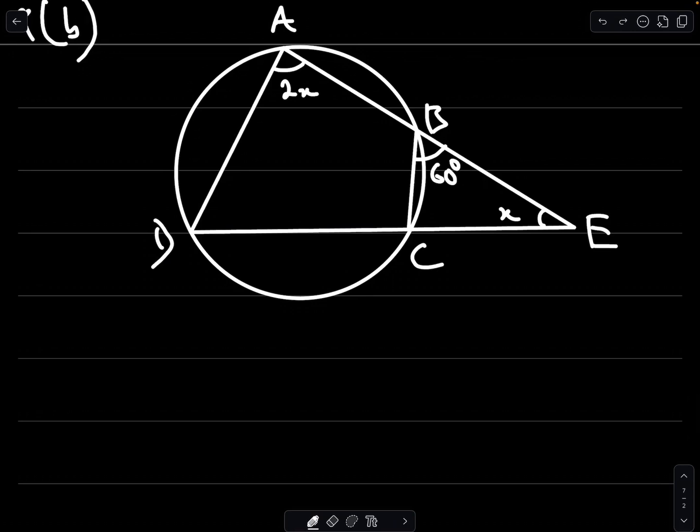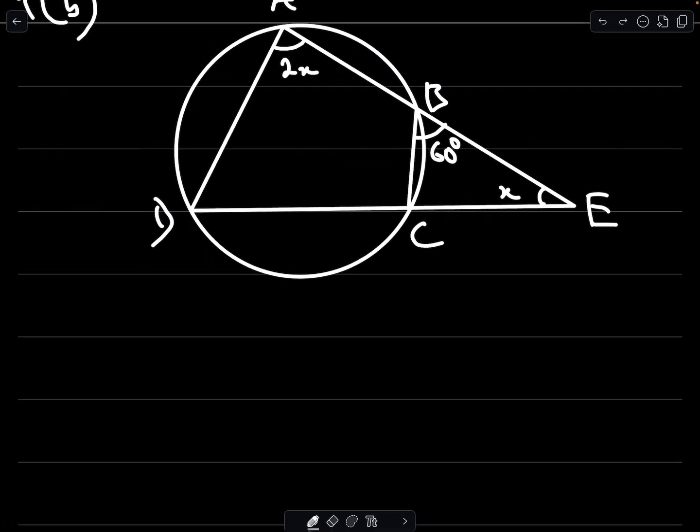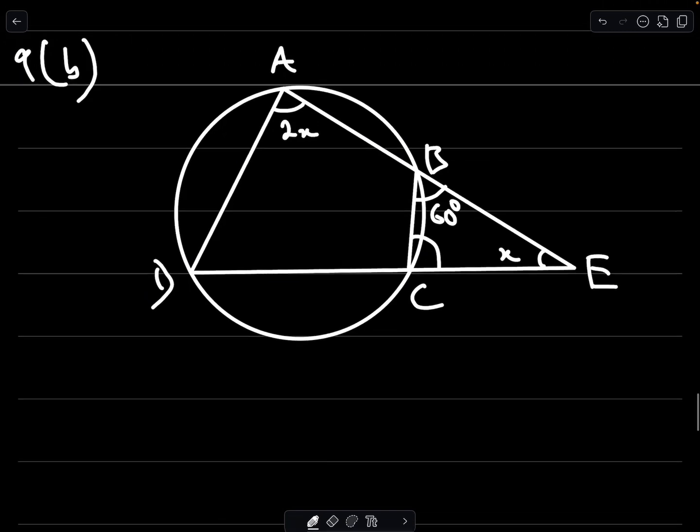Now what's the first thing to do? What do we notice? I can see that angle BCE, which is this angle, is an exterior angle to the cyclic quadrilateral ABCD. And we know that the exterior angle of a cyclic quadrilateral is equal to the opposite interior angle.